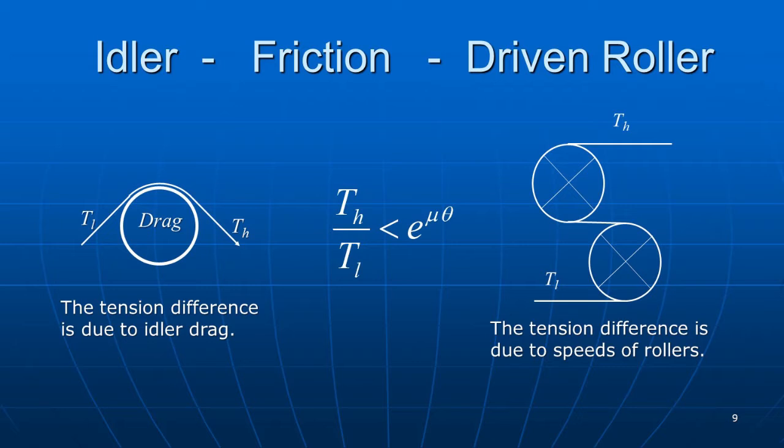What we're using the Capstan formula for with driven rollers is to make sure that we can develop enough friction to keep the web from sliding on the surface that it's in contact with, so that its TH over TL has to be less than the e to the mu theta value. For rollers, the Capstan formula does not calculate the tensions. It's used as a slip check.